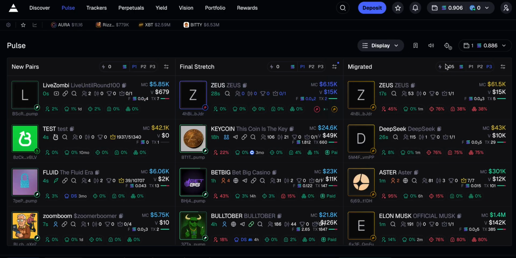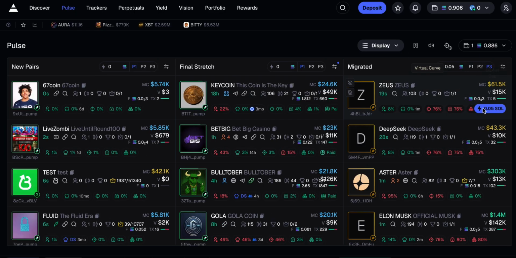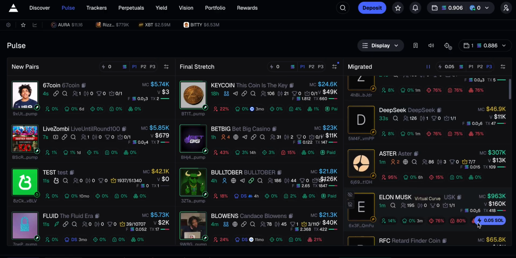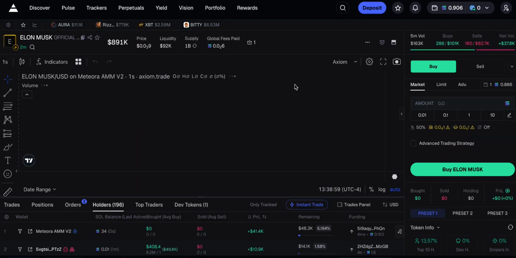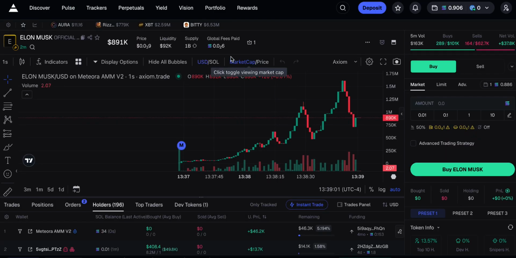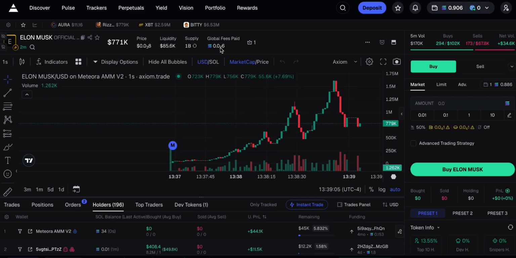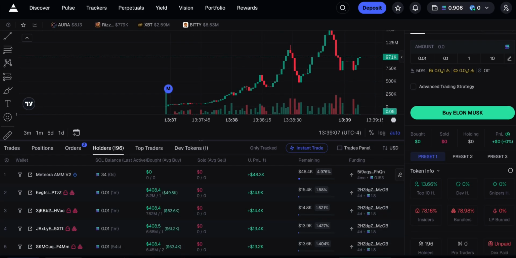However, if you look at a lot of these other coins, they might be at higher market caps. Like this coin, for example, 1 million market cap, around that. But if you look at the fees, it's literally less than 0.1 fees paid, which shows that this is automatically a scam, and this is the type of coin you would want to stay away from.